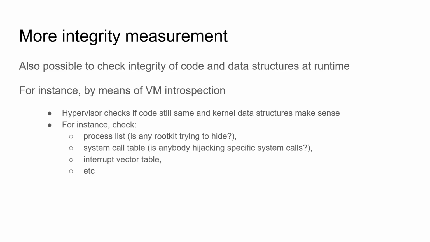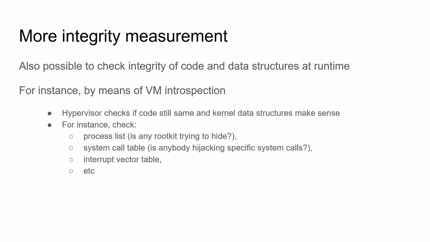Finally, you can do integrity checks at runtime. So maybe if you have a hypervisor, you can occasionally check whether or not the data structures of the kernel and the code sections of the kernel are still in order. Has there been any change in the code of the kernel? Is there any inconsistency in the data structures?